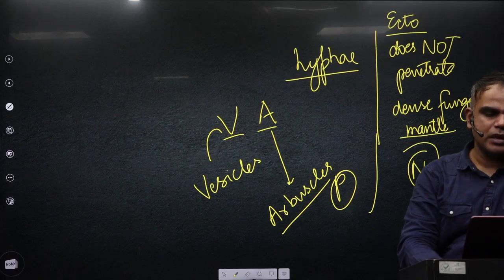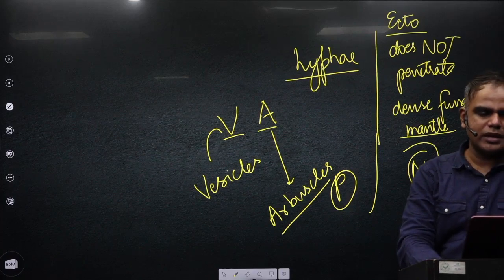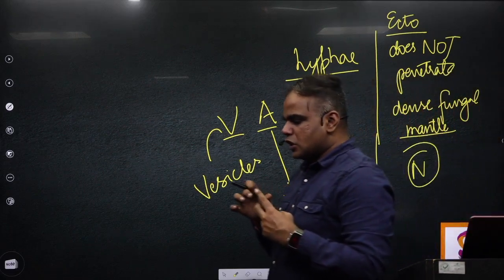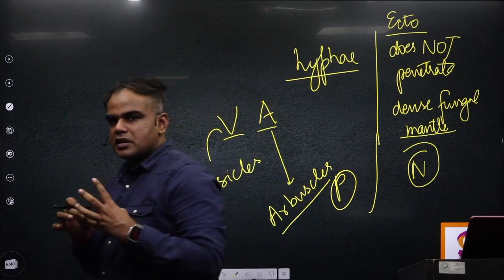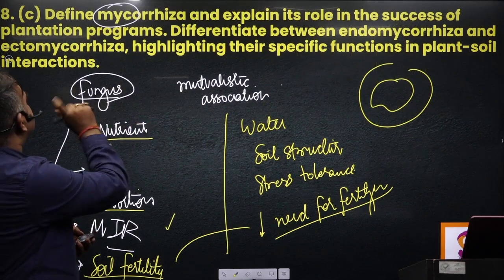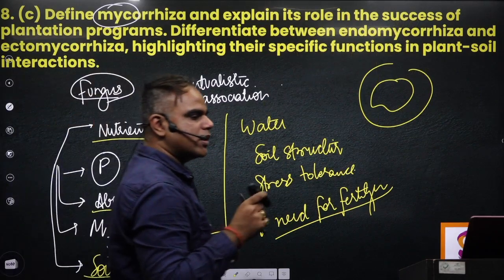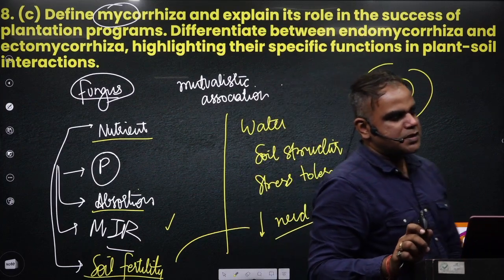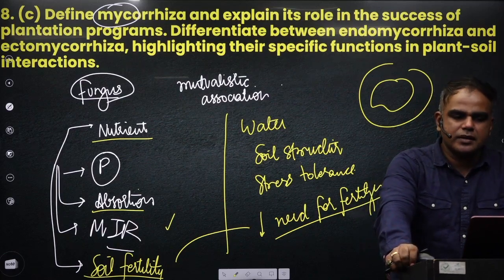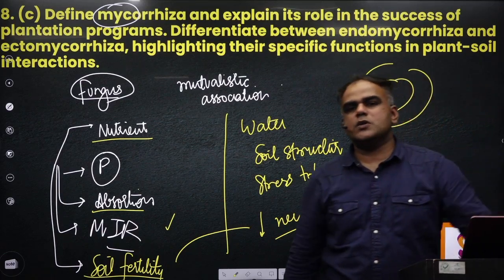Right from soil aggregation, nutrient, water, pest resistance, all these points are part of plant soil interactions. Again: helps in soil aggregation, carbon sequestration, nutrient cycling, and ecosystem restoration.